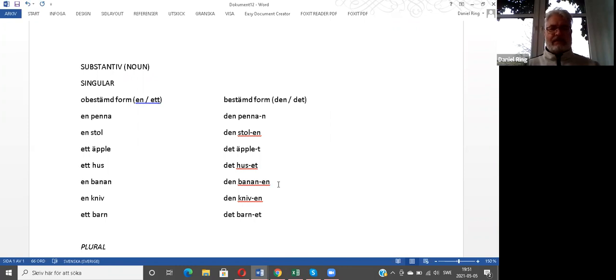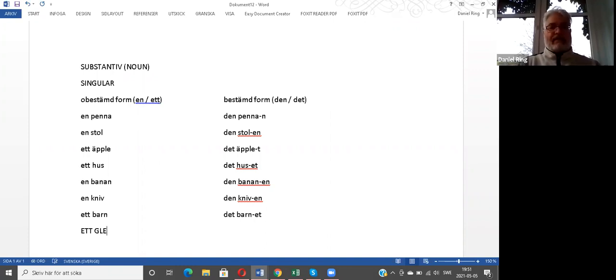En kniv, den kniven. Ett barn, a child, that child. Kniv, by the way, means a knife. Let's see if you can fill out the missing ending, the missing suffix, or turn this from undecisive form into decisive form.